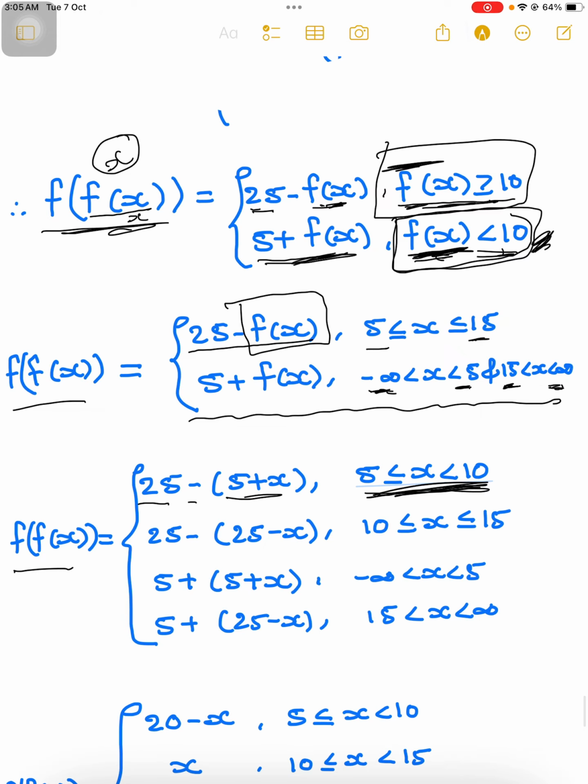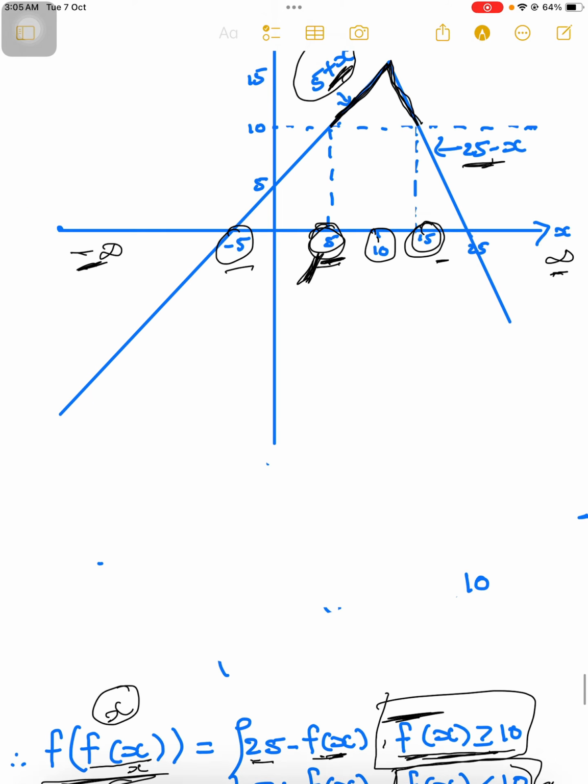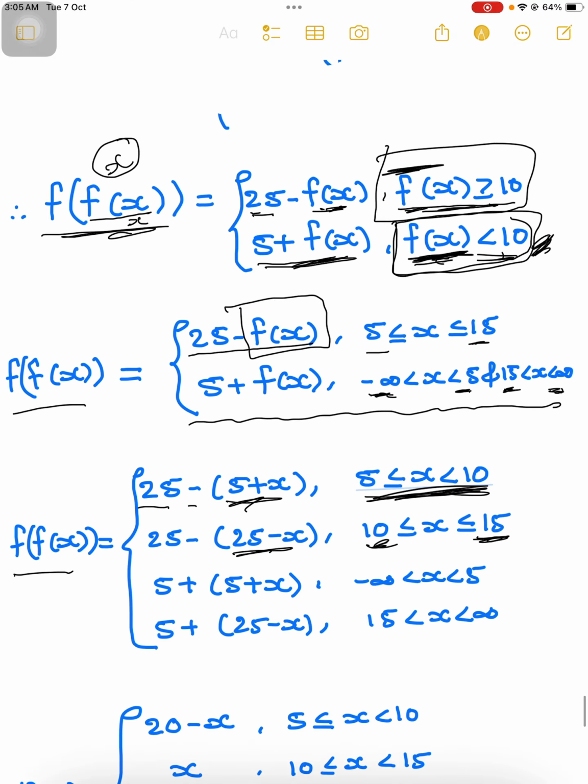From 10 to 15, which function is there? 25 minus x. You can see the graph.